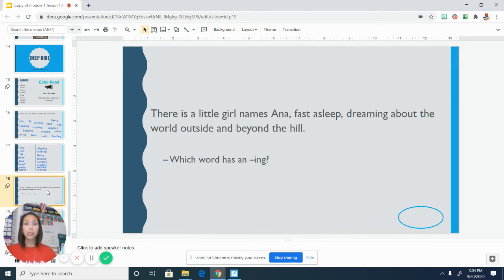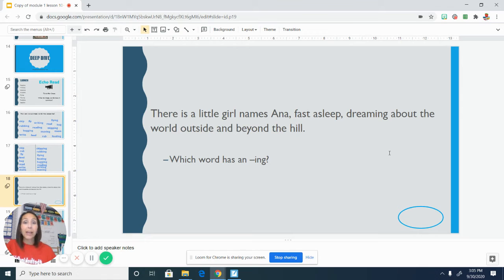Okay, so let's take a look at a couple of sentences and see if we can find the ing in the sentence. So I'll read it and then see if you can find the word that has ing. There is a little girl named Anna, fast asleep, dreaming about the world outside and beyond the hill.